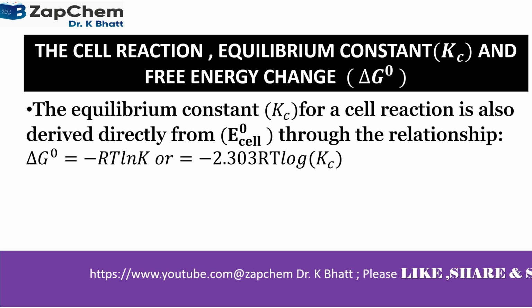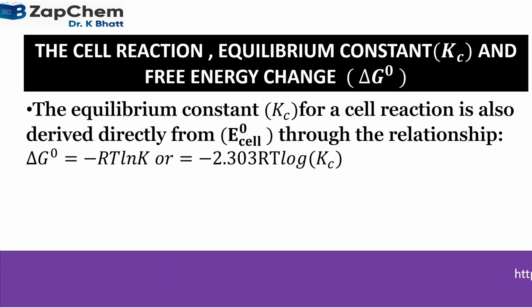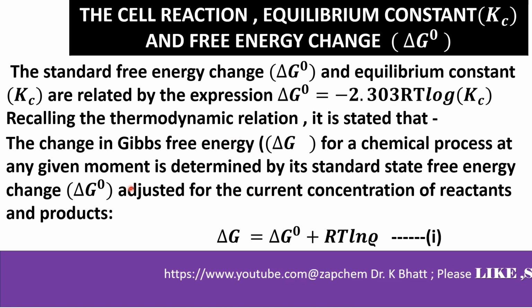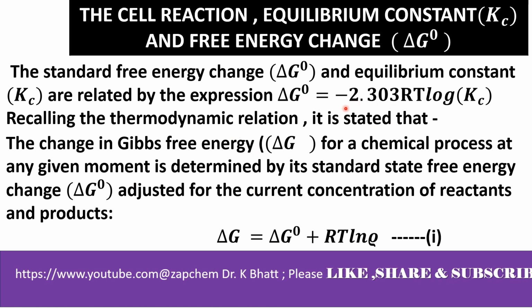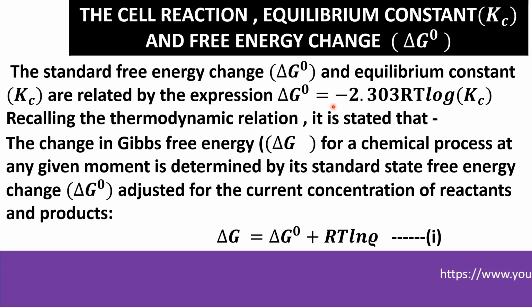It's a very important relation which helps us to determine the spontaneity of a reaction. And the standard free energy change, as I've already given you, is equal to minus 2.303 RT log Kc. This negative value has to be taken into consideration.